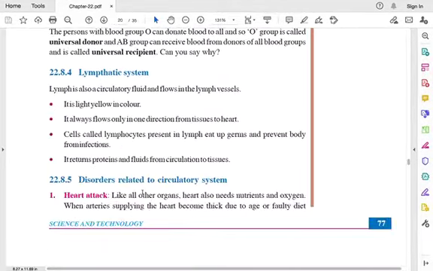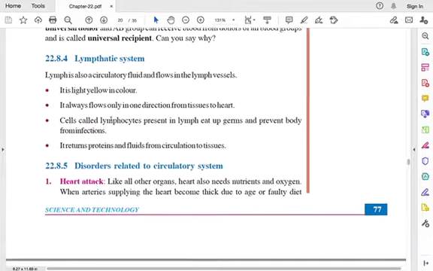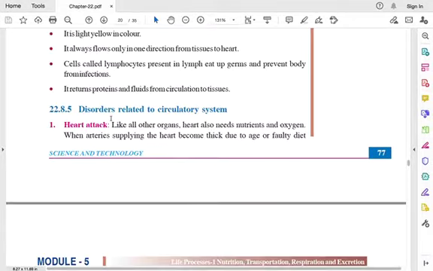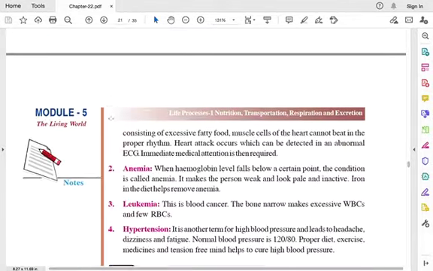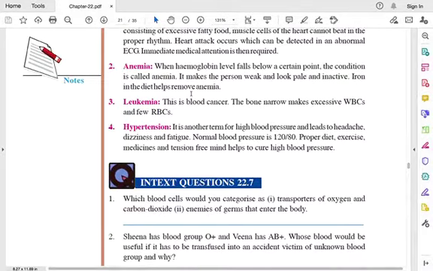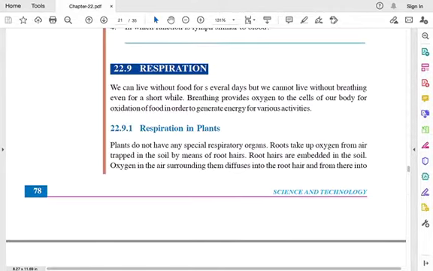We saw that. Then we went on to lymphatic system, and what is lymphatic system, we explained that. And there are some disorders related to circulatory system like heart attack, anemia, that is when the hemoglobin level falls down, then that disease is called as anemia. Then leukemia, hypertension, all these things we covered.